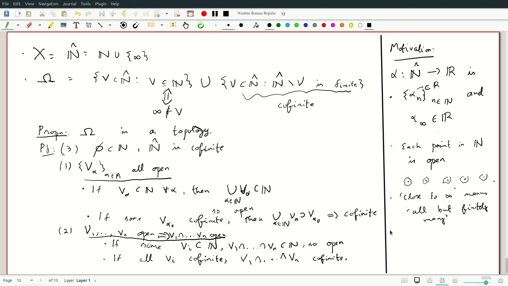So in fact, we will see alpha continuous is equivalent to alpha n converges to alpha infinity as sequences.